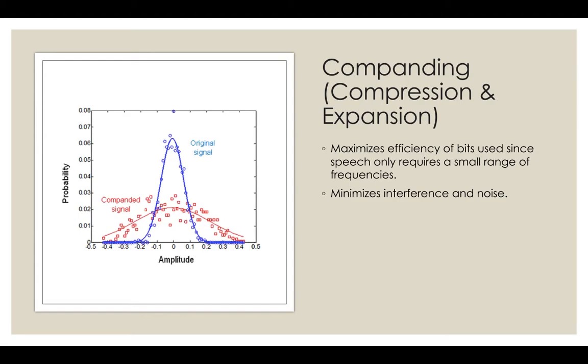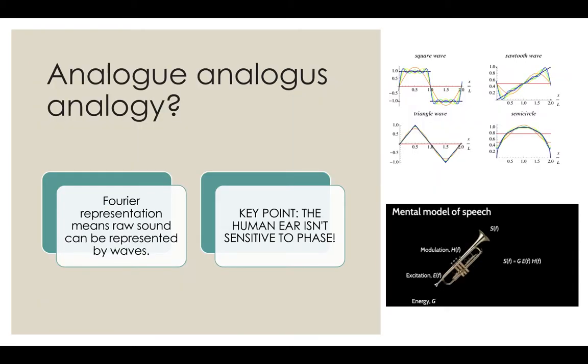Now, a fundamental concept for signal processing is Fourier representation, which allows band-limited continuous signals, such as analog sound, to be expressed as a wave, or more commonly, a mixture of waves.